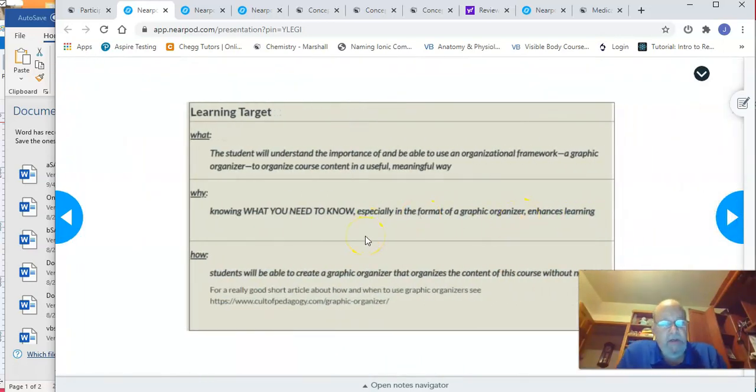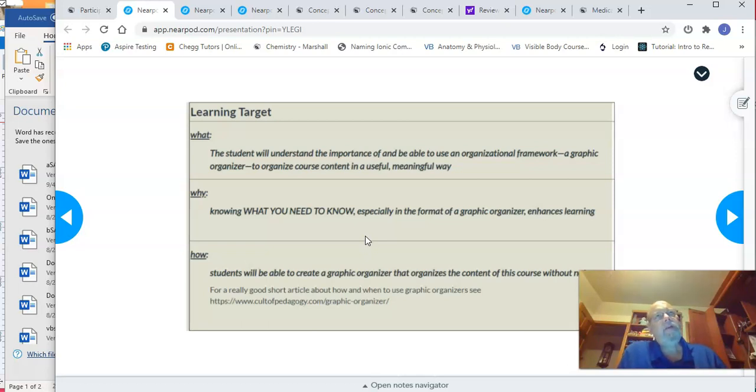Our learning target for this is that you're going to understand the importance of and be able to use an organizational framework to organize content in a useful, meaningful way. This is the purpose of this discussion. And I said why knowing what you need to know, especially in the format of a graphic organizer, enhances learning.